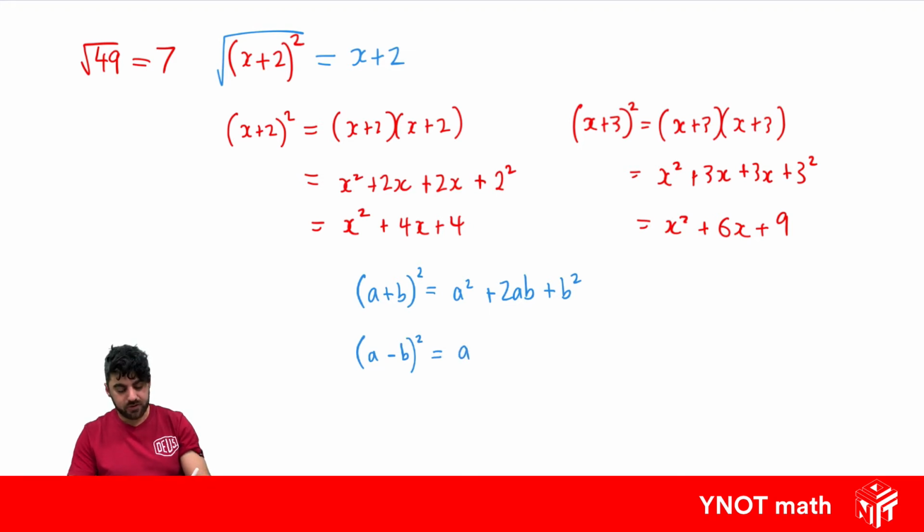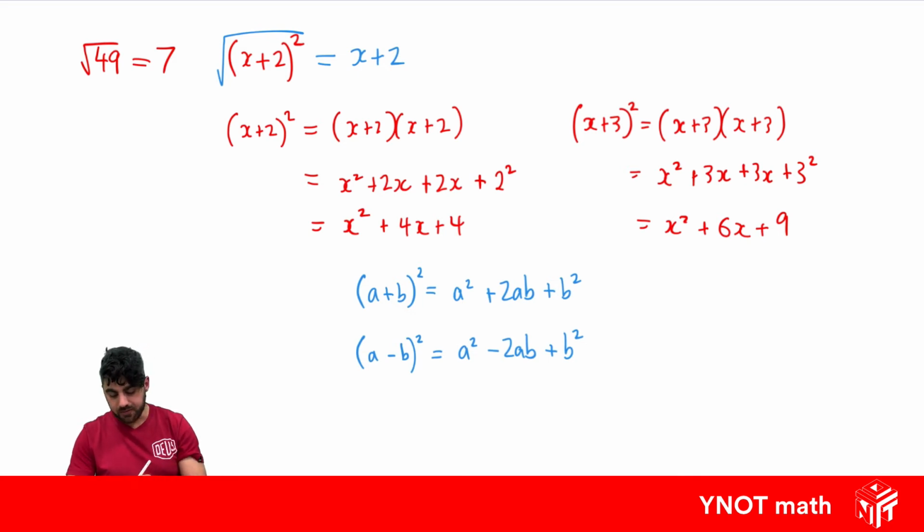We square the first term, a squared, we double the product, so a times minus b is minus ab, double minus ab is minus 2ab, and we square the last term, minus b times minus b is plus b squared, because a negative times a negative is a positive. And we can use those to easily expand a perfect square. But I like just memorizing it in words: square the first, double the product, and square the second term.